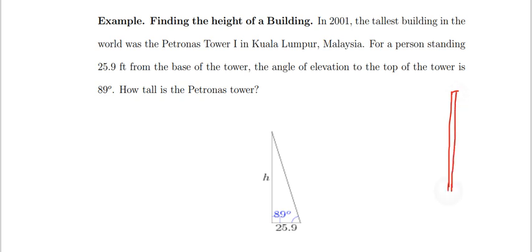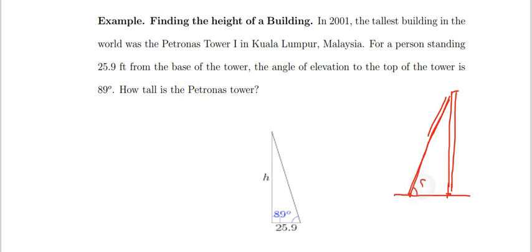So we cannot measure this height directly. How can we find the height of the building? The usual way is, from the base point, we pick a point and find this angle.